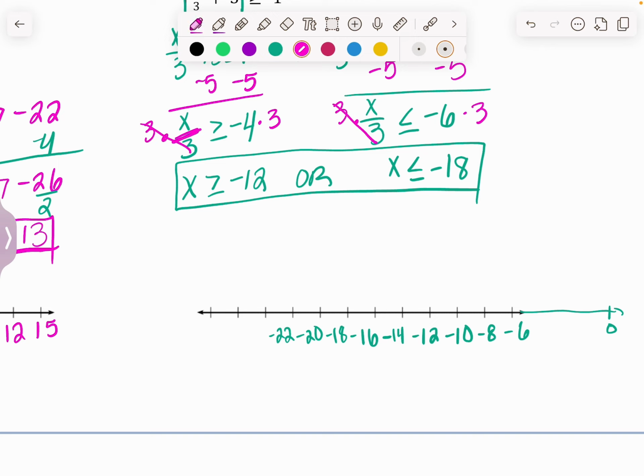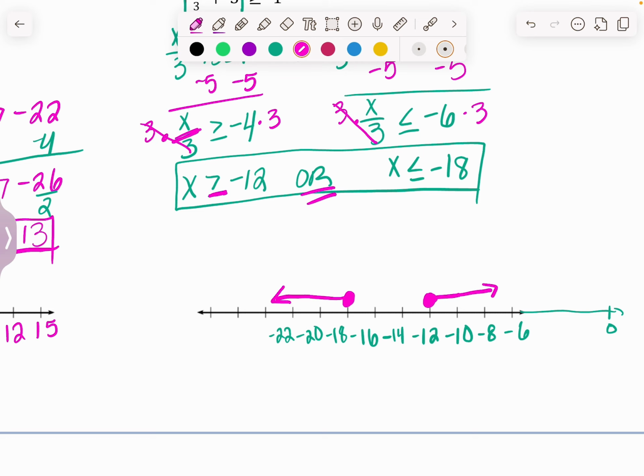Then we want x is greater than or equal to -12. So we have an equal to, so we're going to need a closed circle, and greater than -12 is going to be to the right. The -18 is down here, and we have less than or equal to -18, so you're going to be going to the left.